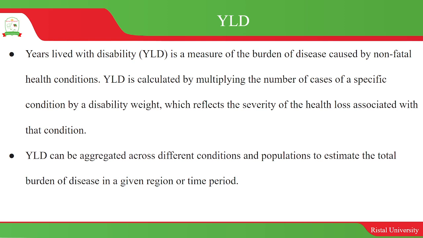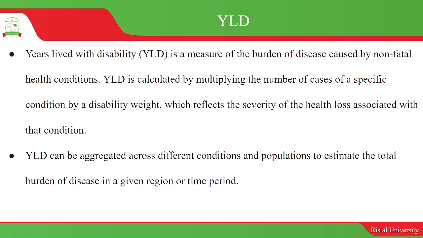Or sometimes the fracture can actually heal, but you still have some other complications that can affect your life. So how many years are you going to stay with that disability? That is about the years lived with disability. We can look at it at a population level or at an individual level.